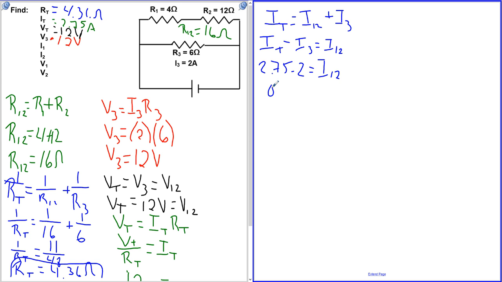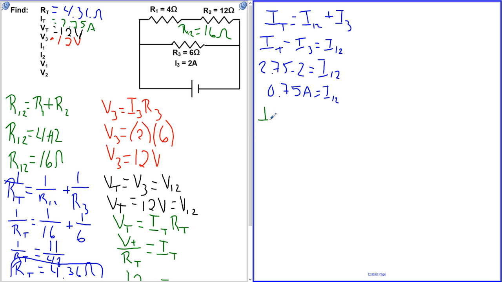And I have 0.75 amps equals I12. Now I can use that and apply that idea to my series rules, and I'm using series rules because resistor 1 and resistor 2 are in series.